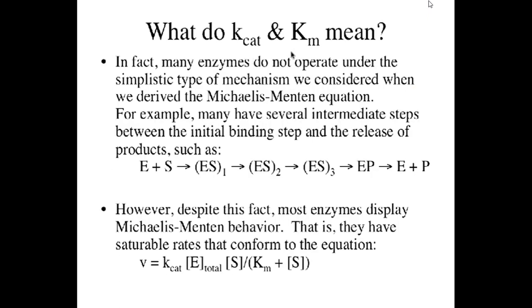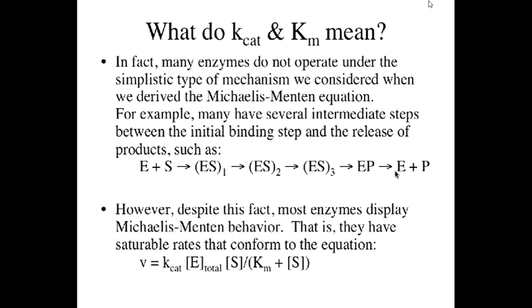Now you might ask, what do these numbers actually mean? Okay, a lot of enzymes don't actually operate under the simplistic mechanism that we started with. You might have enzyme binding substrate in one conformation, changing to another one, changing to another one, changing to product, releasing product. Now I've got 1, 2, 3, 4, 5 times 2, 10 different intrinsic rate constants in principle. That's not how we started.